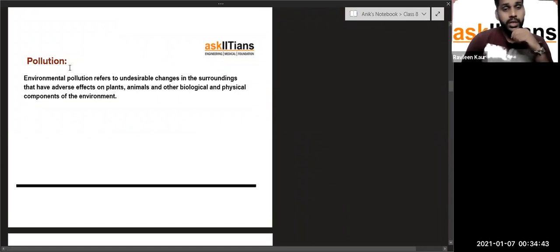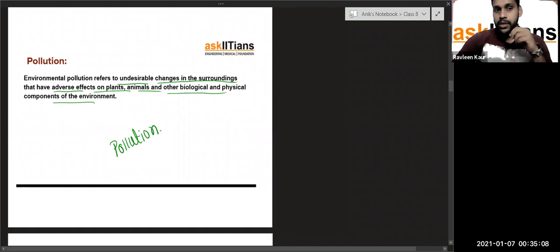So what is pollution? I think you can understand that it is the undesirable changes in the surroundings which have an adverse effect on plants and animals and other biological and physical components of the environment. Pollution is nothing but when we are getting some undesirable thing that we do not desire.